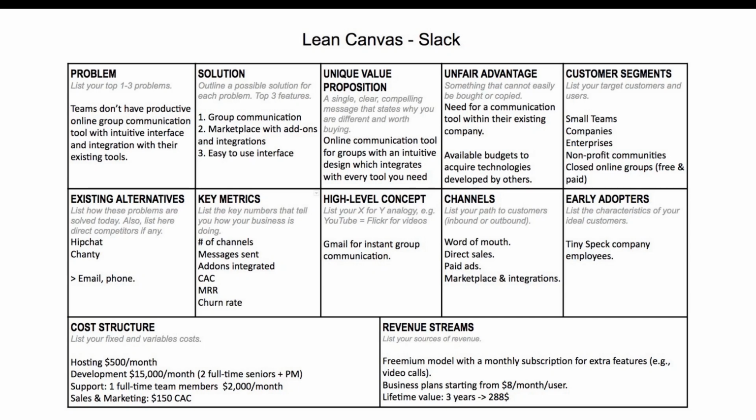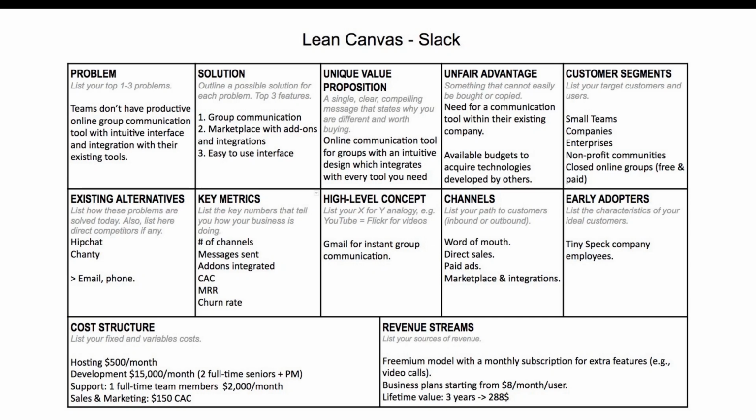Now let me go over each block on this canvas one by one. Customer segments: small teams, companies, enterprises, non-profit communities, closed online groups, free or paid groups. Also, as early adopters, as I already told you, they had their own employees, Tiny Speck company employees. The problem: at that time, existing tools provided pretty poor user experience and didn't have any proper integrations with other business software.